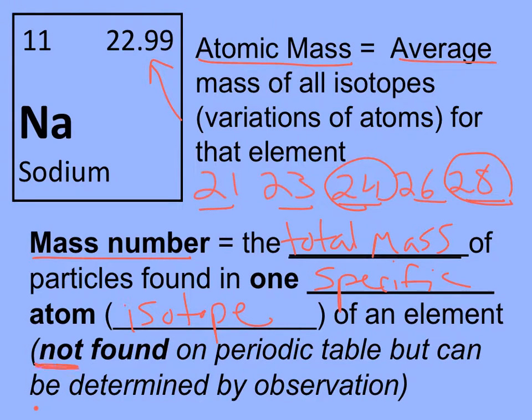So this number is not found on the periodic table, because on the periodic table it tells us the average of all those isotopes. So this can be determined by observation, by looking at the nucleus and seeing how many protons and neutrons it has. When we are dealing with problems, I will tell you what the mass number is so you can figure out the problem.